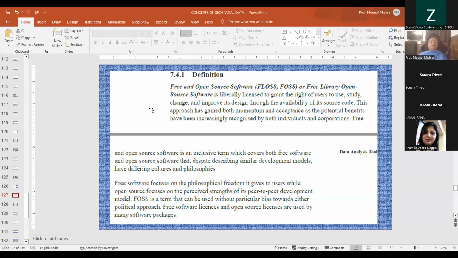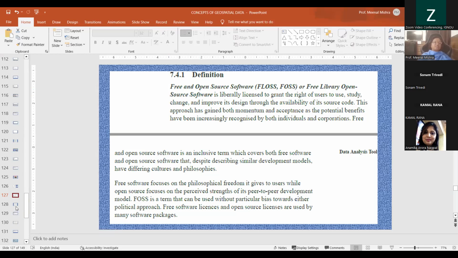As we have already discussed, FOSS, that is free open source software, is also known as FLOSS, free libre open source software. This is liberally licensed to grant users the right to use, change, and improve its design through availability of its source code.